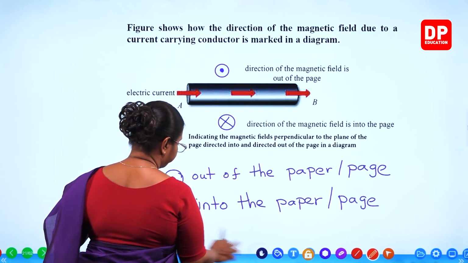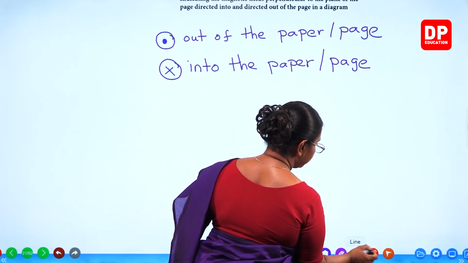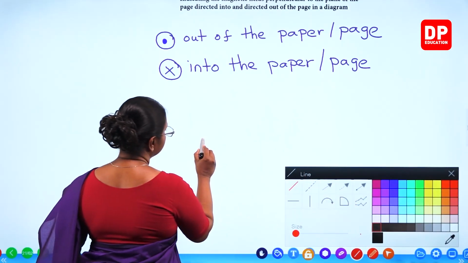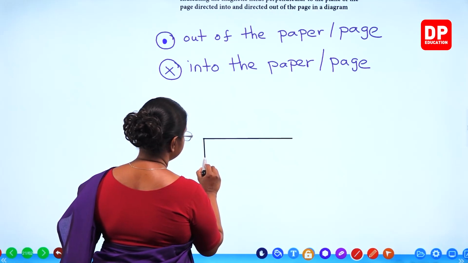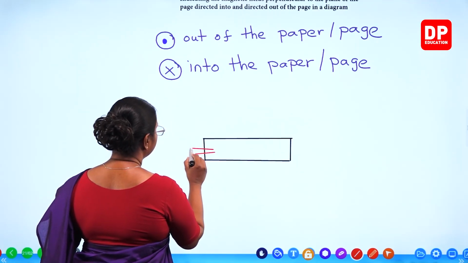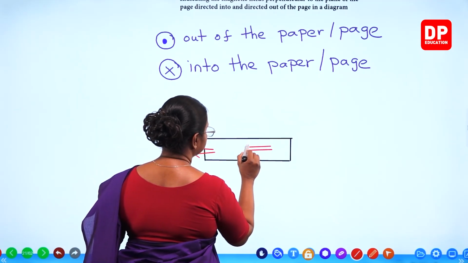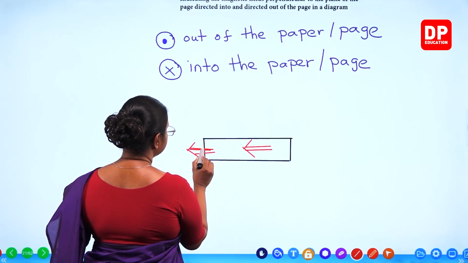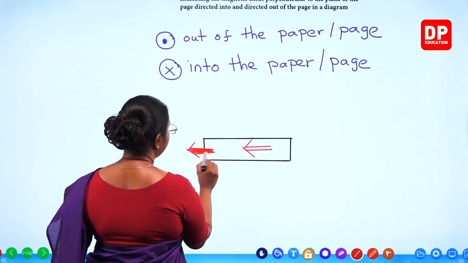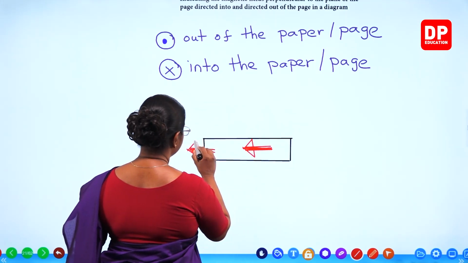Now let's say we have another instance where the conductor is like this and the current flow is going to be in this direction. The current is flowing in that direction, different from the previous one.